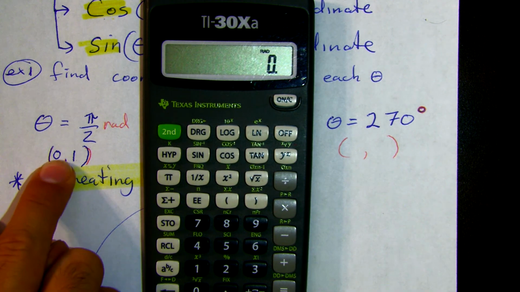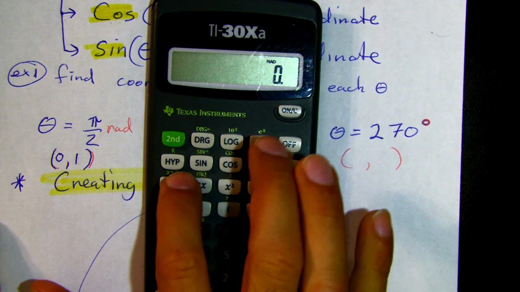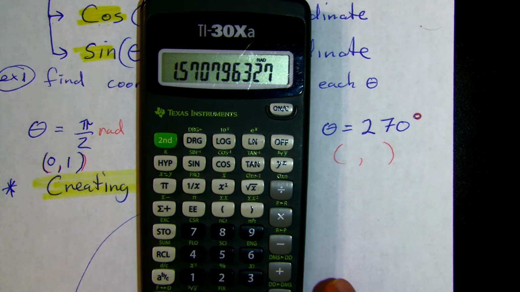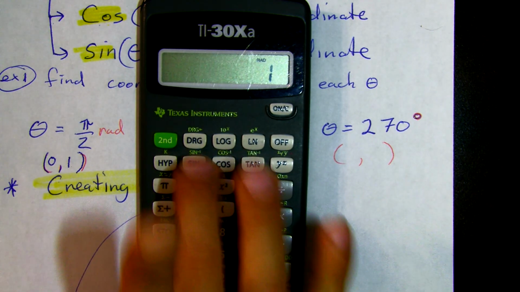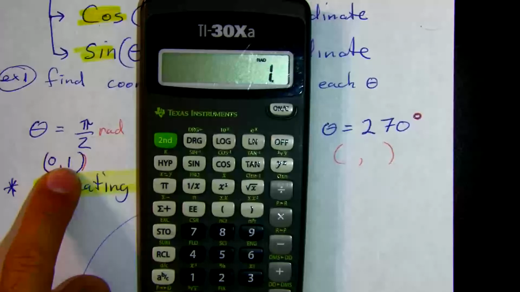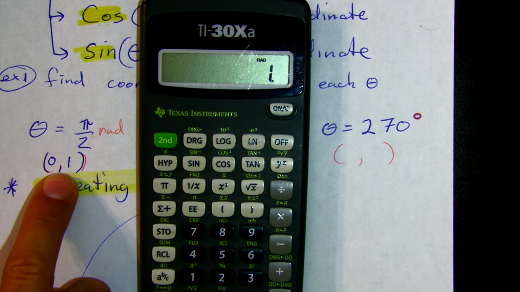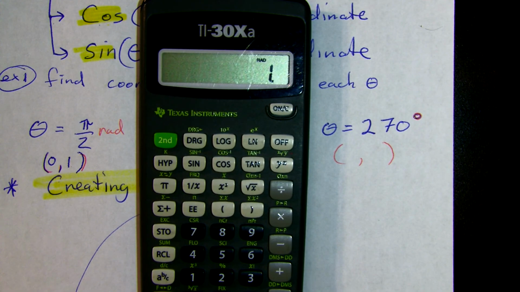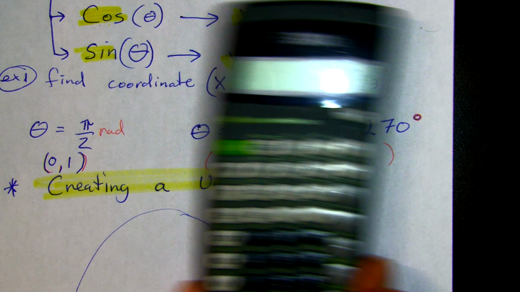I'm going to do that again. Pi divided by 2 equals, and then sine. 1. That is the point. What we just discovered is that on the unit circle, at pi over 2 radians, we're at the point 0, 1.